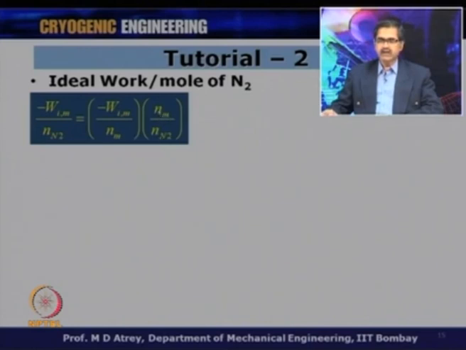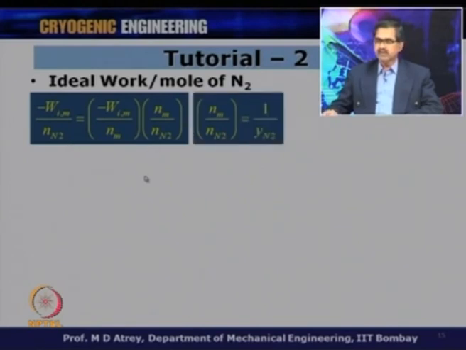The moles of mixture Nm and Nm will get cancelled, and ultimately what you get is work of separation of mixture per mole of nitrogen. Alright. So, this is what we get, and what is Nm upon Nn2? If I put it down, Nn2 divided by Nm is nothing but the mole fraction of nitrogen, Yn2. Nm upon Nn2 is nothing but 1 upon Yn2.